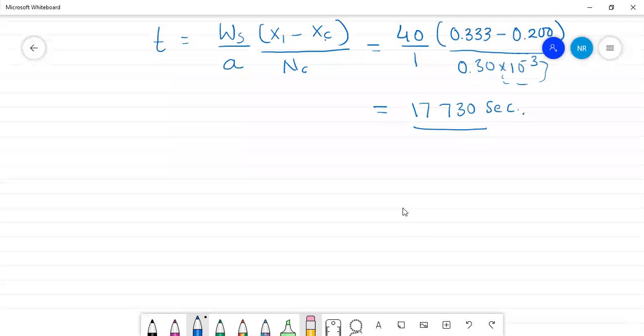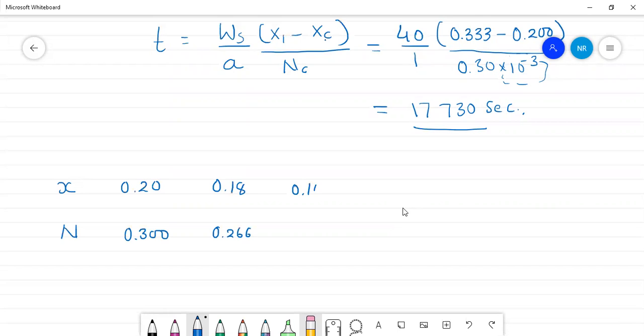So I am writing down different values of x versus n. When x is 0.20, according to the graph, n is 0.300. If x is 0.18, then n is 0.266. If x is 0.16, then 0.239.